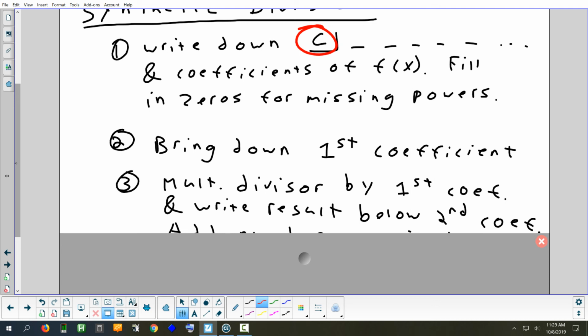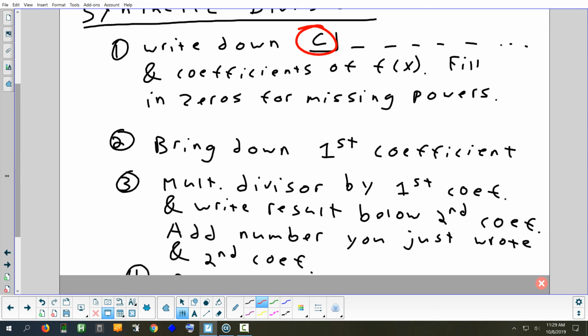You're going to multiply those two things together, and you're going to put the answer in the second column. Okay, after you do that, you're going to have two numbers in a column to add up. You're going to add them up.